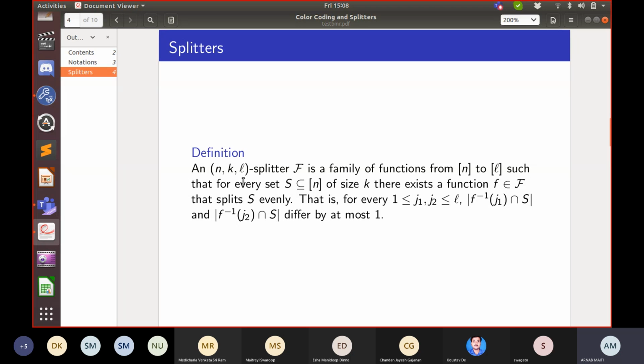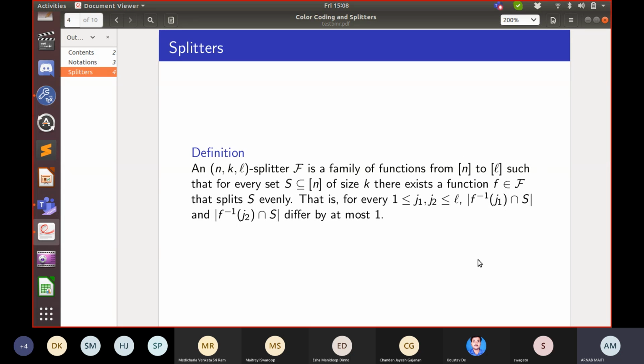If you take any set S which is a subset of 1 to n and is of size k, then there will exist a function f in this family of functions such that it distributes evenly. By that, what I mean is that using this function, you are numbering each element of S by some number from 1 to l.